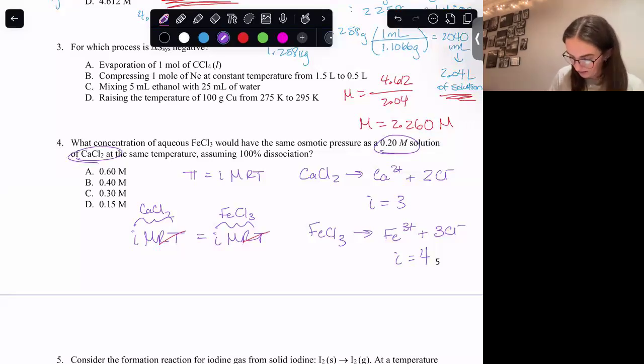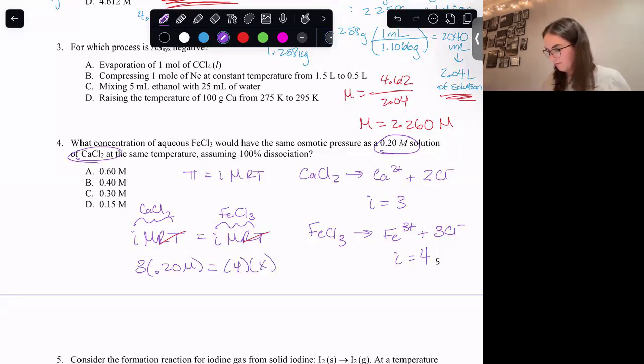And so we're just looking at 3 times 0.2 equal to 4 times X. And so we get X equal to 0.15, which is D.